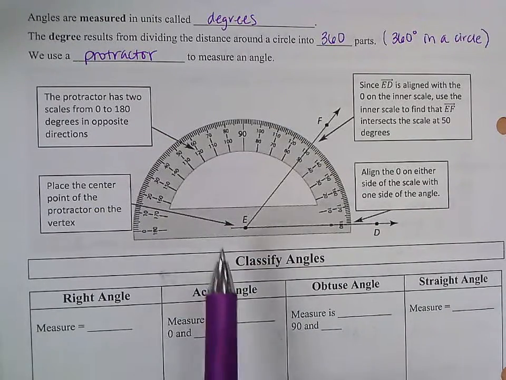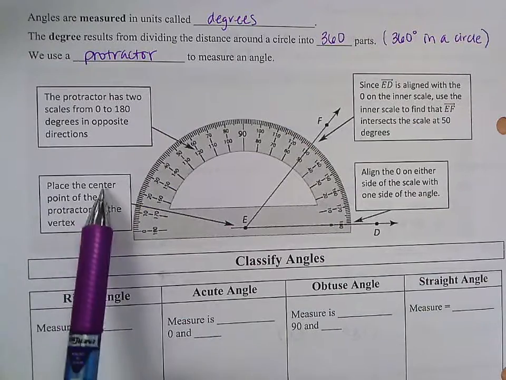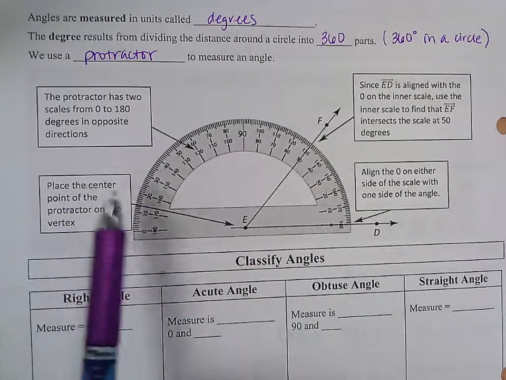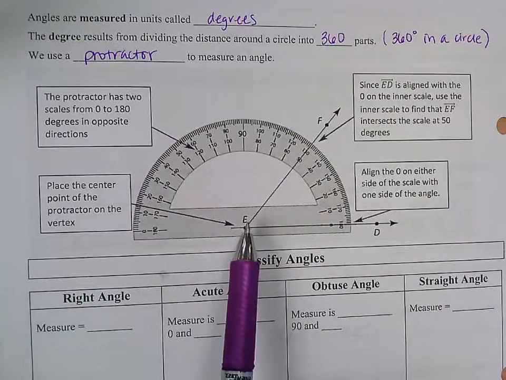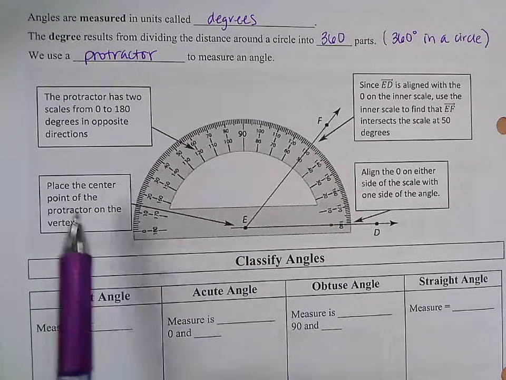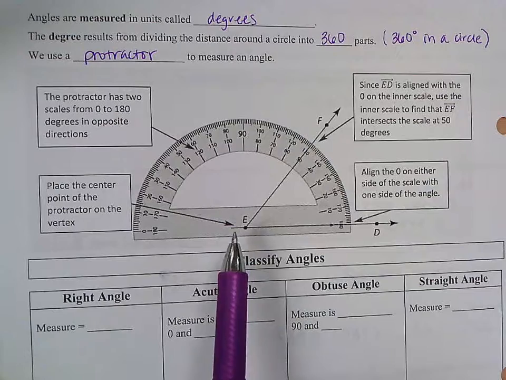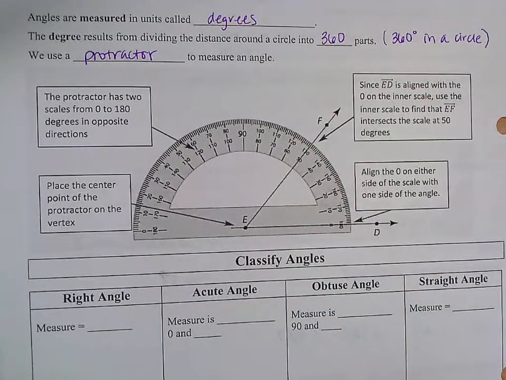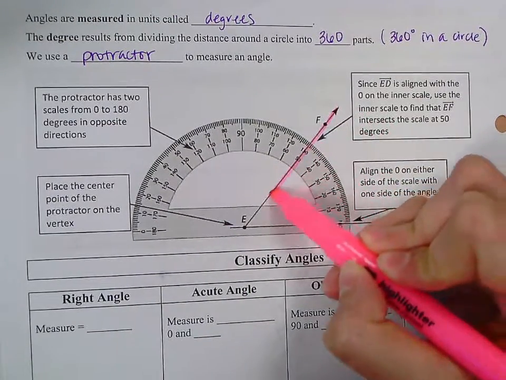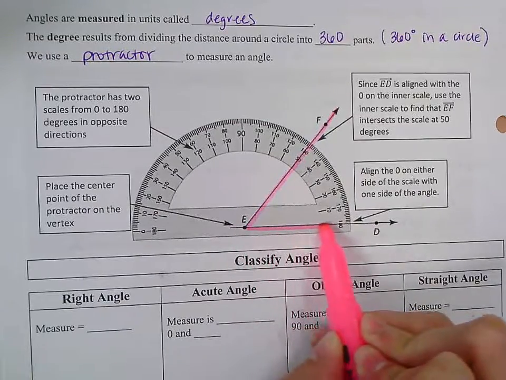So when you're using a protractor, I'm looking in the lower left box, you place the center of the protractor on the vertex of the angle. So we're looking at angle FED here.